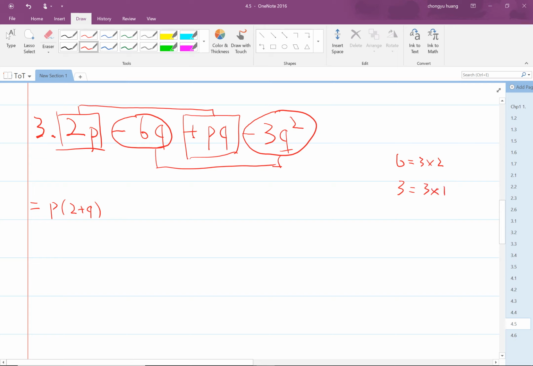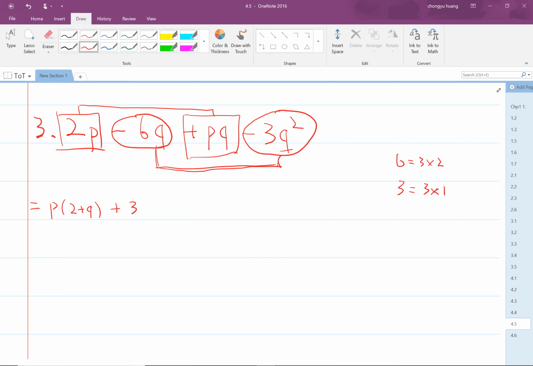So 3 is part of the greatest common factor between those two terms, negative 6q and negative 3q squared.